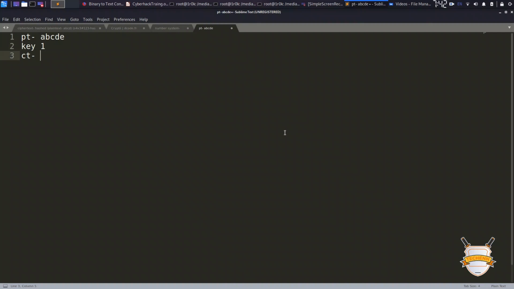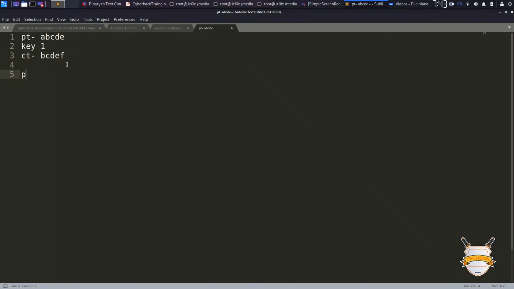ROT is the short form of rotation cipher. So you have to add 1 to each of the alphabets of the plain text. After adding 1, what comes just after A? It comes B. For B it will be C, and for C it will be D, E and F.